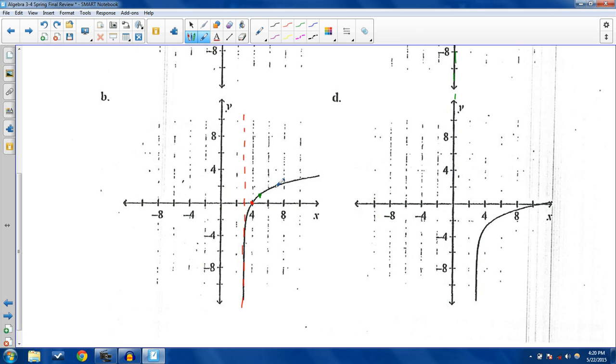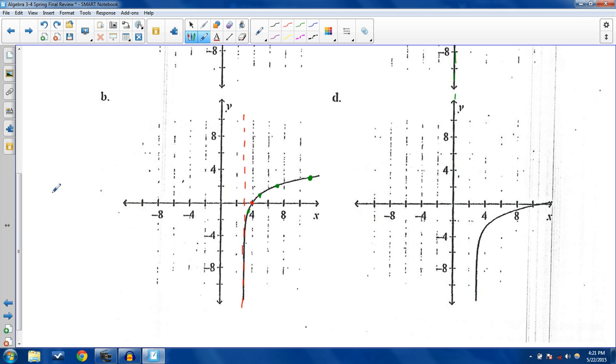It was right here, because this is 1, 2, 3, 4 away. When I go up another 1, I will double that distance once again. So this is 1 away, 2 away, 4 away, 8 away. Same with this. When I go down 1, I'm going to halve my distance away. So that's what that graph looks like.